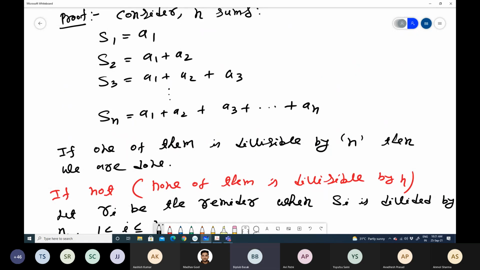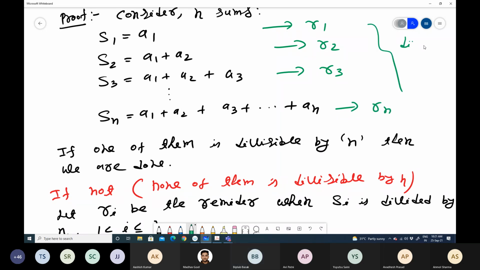In other words, S1 gives remainder R1, S2 gives remainder R2, and Sn gives remainder Rn when divided by n.